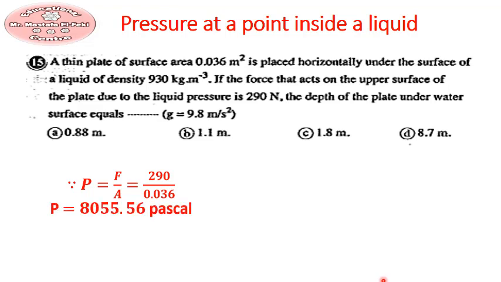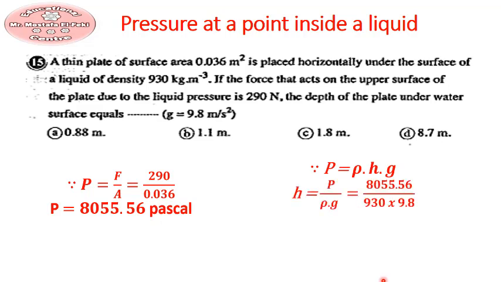Then the pressure exerted by the liquid on the thin plate is 8055.5 Pascal, where the pressure equal rho h g, then h equal P over rho g. Then the height is 0.88 meter.